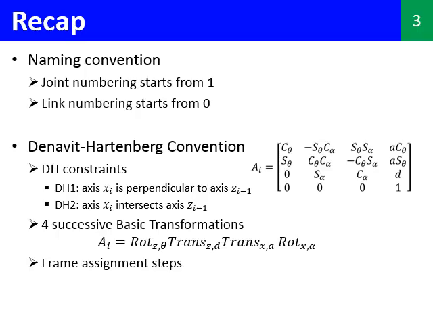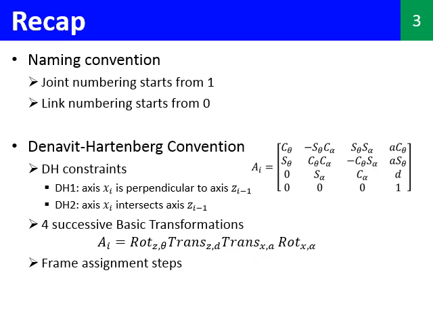Once these two constraints are satisfied, we could obtain a transformation matrix between two neighboring links, and we called it the Ai matrix. So Ai matrix would give the transformation between frame i minus 1 to frame i. Now we could observe the same setup from a different viewpoint where the transformation could be given by 4 successive basic transformations.